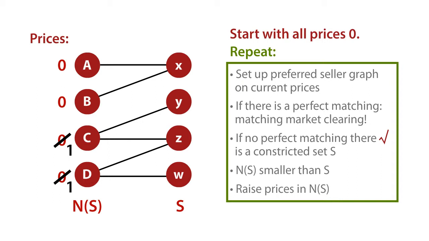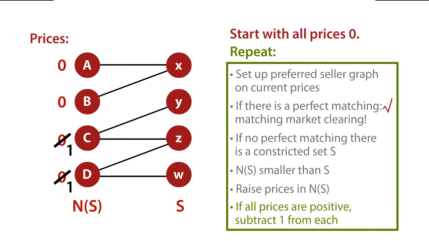So let's go back to what our algorithm was so far. It looked at finding a perfect matching if possible, and if not, raising prices and repeating this process. I want to add one more step. If all prices are positive, we can just subtract 1 from each of the prices.